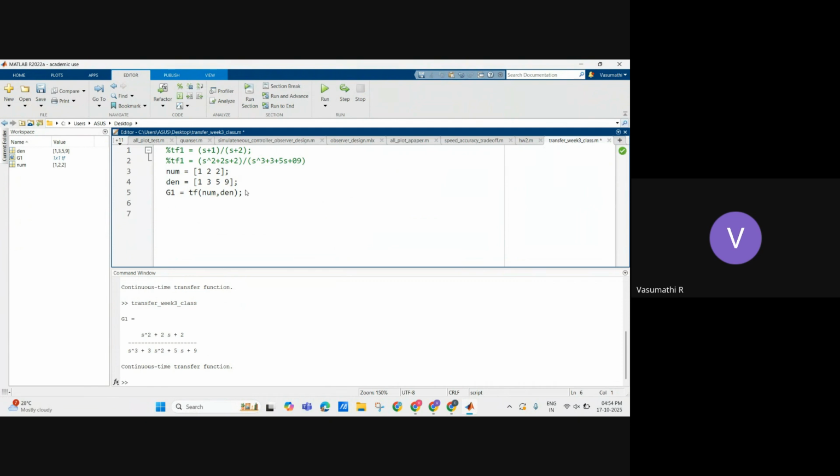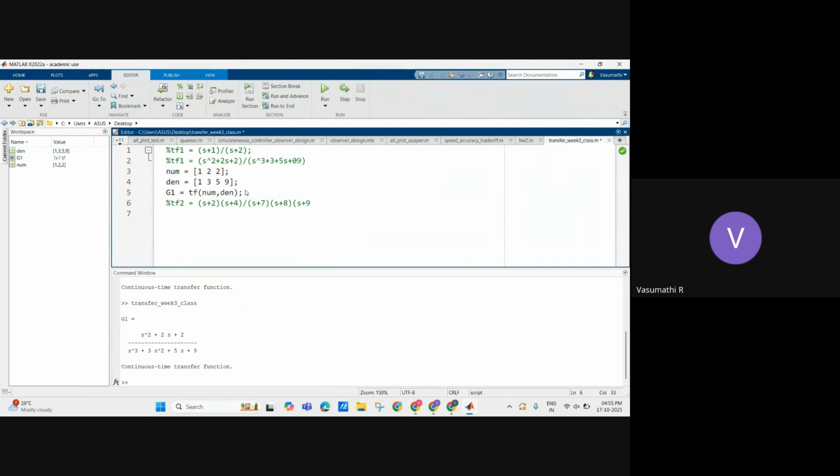for example, I want to write a transfer function like this. Transfer function 2 equal to (s plus 2) into (s plus 4) by (s plus 7) into (s plus 8) into (s plus 9).